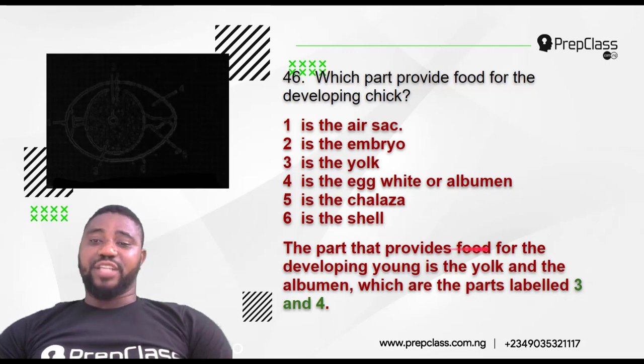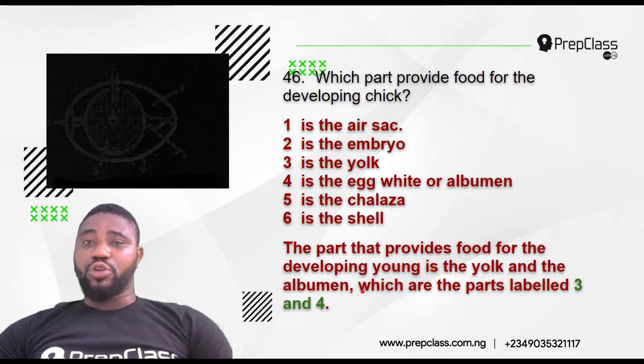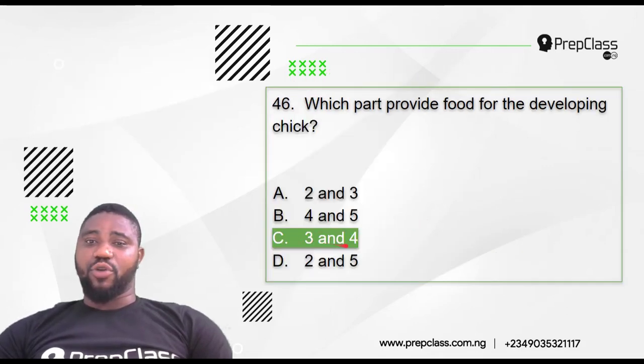So the part that provides food for the developing young is the yolk, which is rich in fats, minerals and proteins, and the albumen, that is very rich in proteins, which are parts labeled 3 and 4. So the yolk and the egg white provide food for the developing young. 3 is the yolk, 4 the egg white. So the answer is 3 and 4, option C.